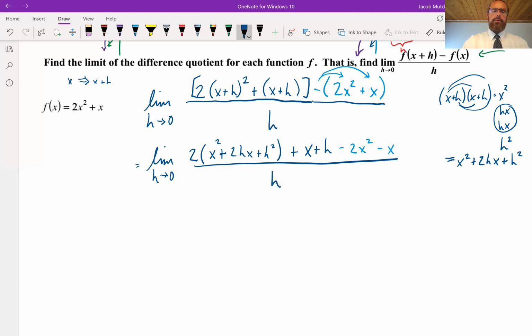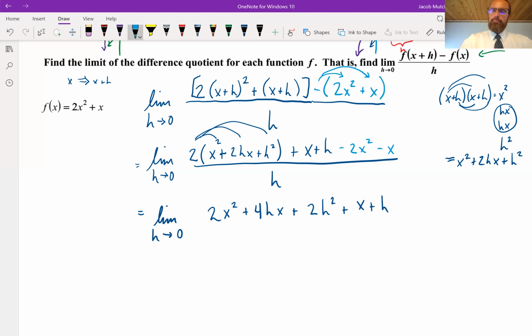I need to keep simplifying that numerator. So that's the limit as h approaches 0. Distribute this through. The 2 is going to each one of these three terms. So that becomes 2x squared plus 2 times 2hx is 4hx plus 2h squared plus x plus h minus 2x squared minus x. And that's all over h.